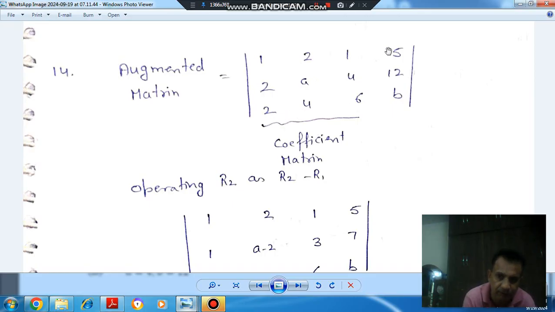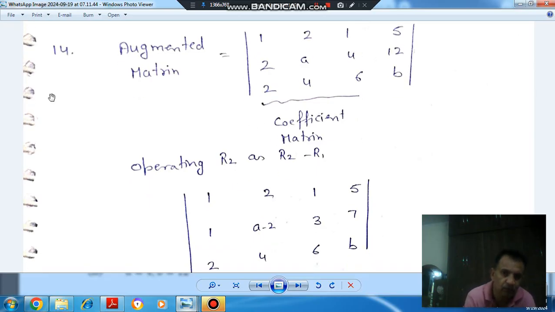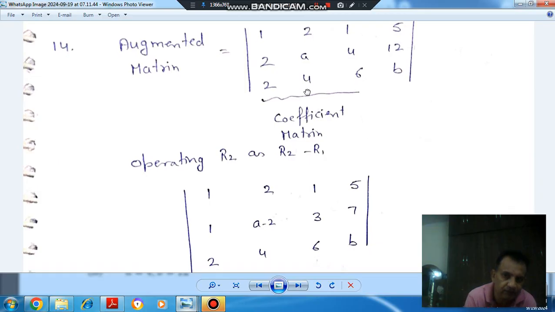If we add the equality in the fourth column, then it is your augmented matrix. Now we will try to make all the elements of the bottom row 0 and see if it is possible or not.